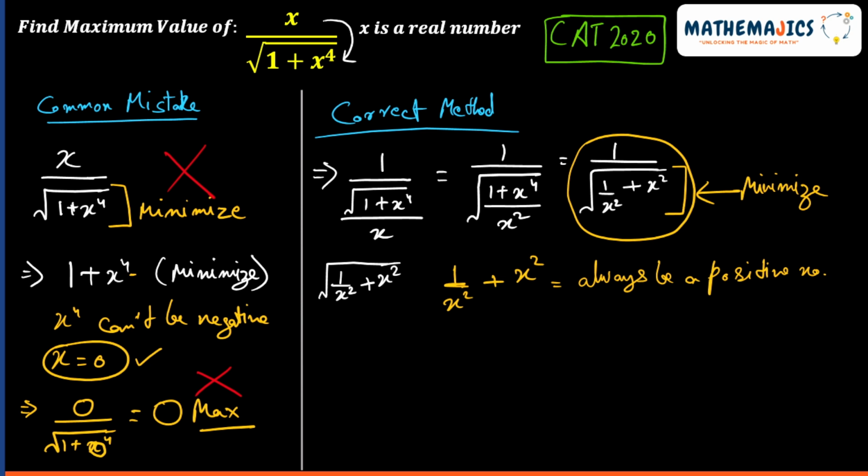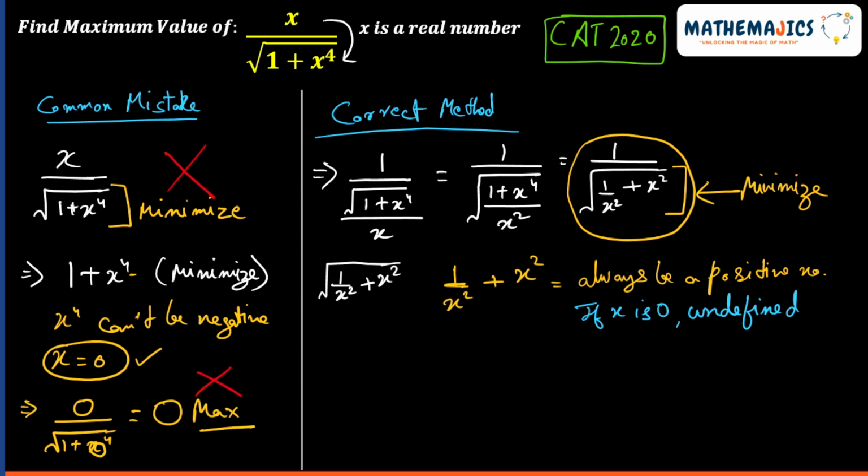Now, what will happen if we put x as 0? If x is 0, this whole denominator will be undefined. So we can't use 0 to minimize this denominator.